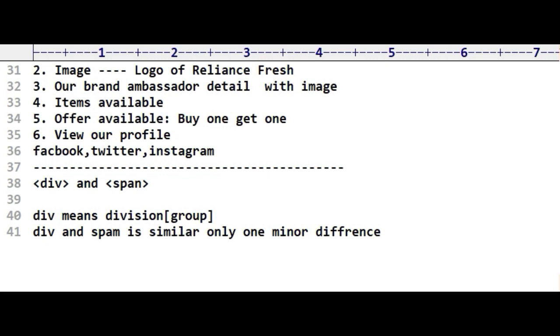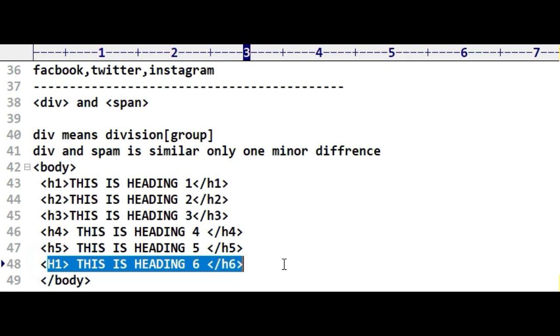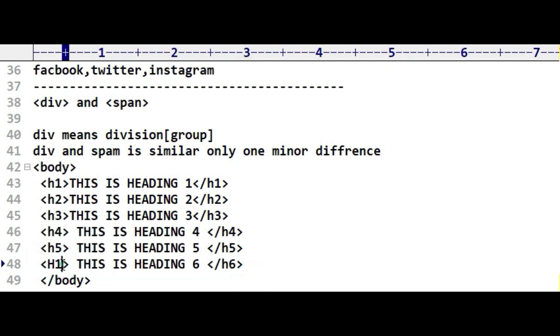So how can we define a heading tag? We define heading tags in this way. We are using h1, h2, h3 and so many tags, up to h6.